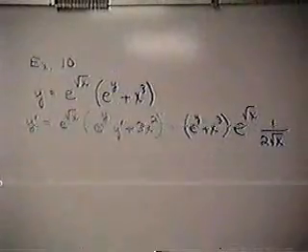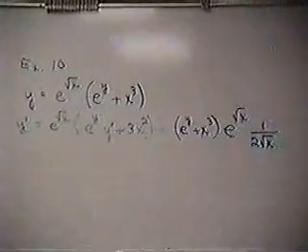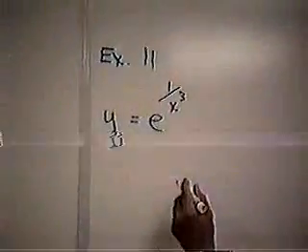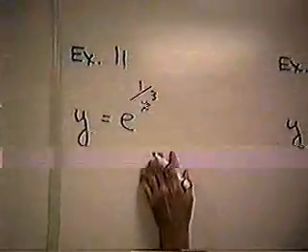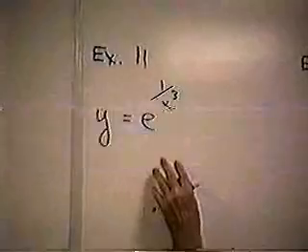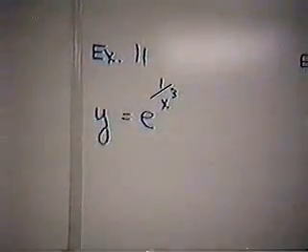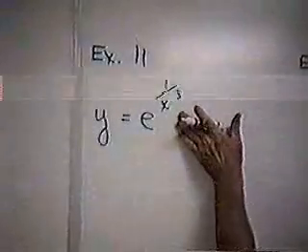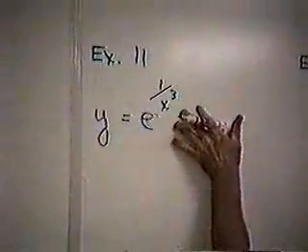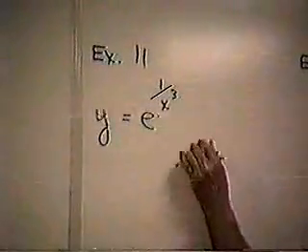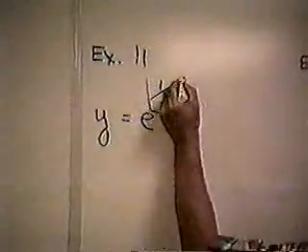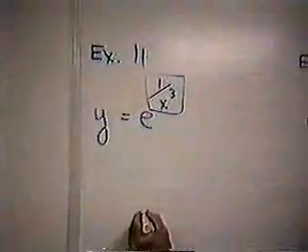Okay? Example 11. Okay, in example 11, this is something you need to pay real close attention to in papers that I type up or people type up on the computer here. Sometimes you've got to pay very close attention to how that's typed. What this is, e to that power. Now sometimes it may look like this.